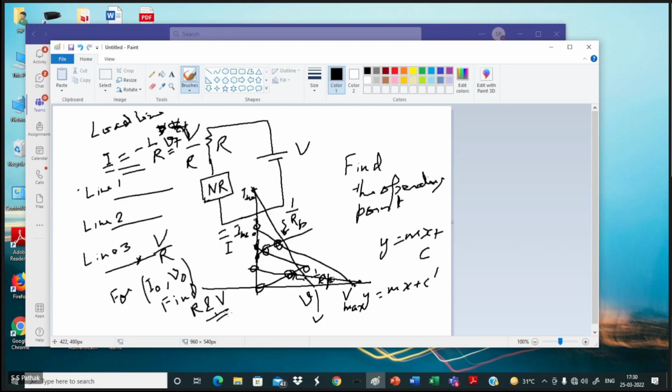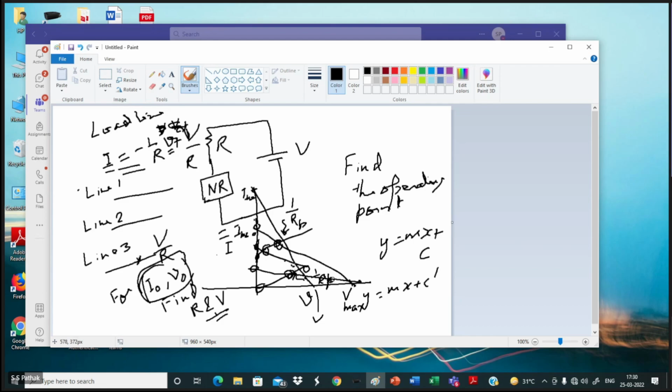So here again, same thing you are going to do. IO and VO, this is the operating point. It will be lying on the characteristic curve, one of the places. If there are more than one options given, then you have to consider that. If only one is given, it will lie on any one of the curves.